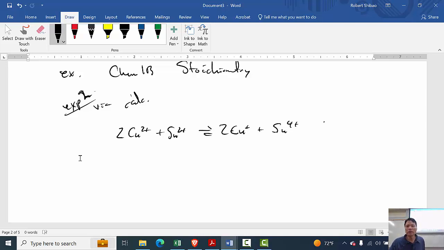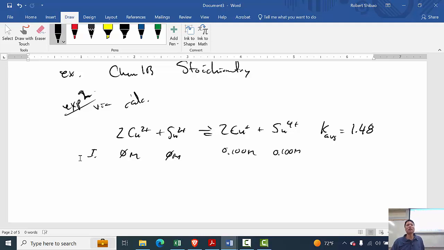And so we're going to use the K average that we got earlier. The average K value was 1.48. This is based on the earlier experiments. And then let's do trial 2. That is, we're going to start off with 0 molar here, 0 molar here, and then 0.100 molar here and 0.100 molar here.